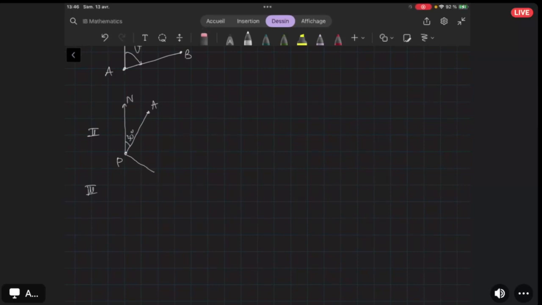This one should be a lot longer. And we know this entire angle is 120. Let's call this beta. 120 degrees from which point? We are talking 120 degrees from the north going clockwise.